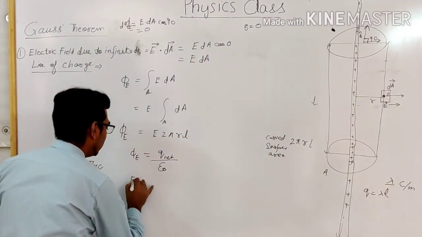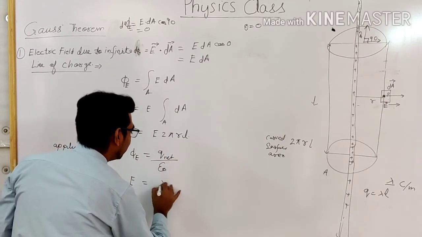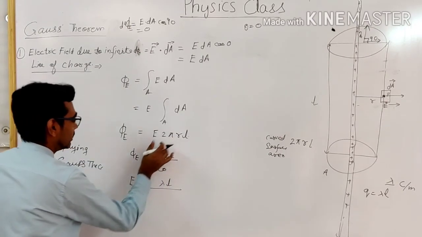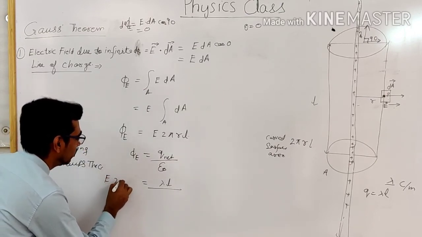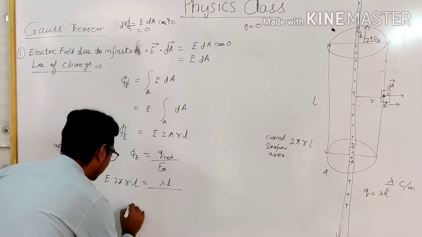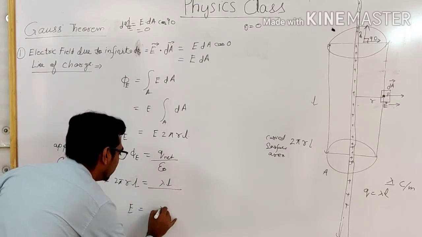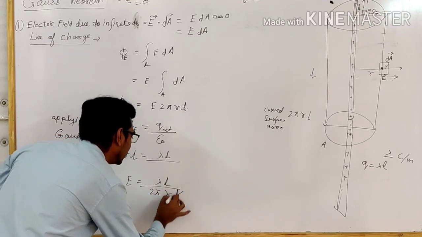You will get E is equal to, in place of Q net, lambda L, and I write down the complete step, 2 pi r L. So your electric field will be equal to lambda L upon 2 pi r L, and L gets cancelled out.